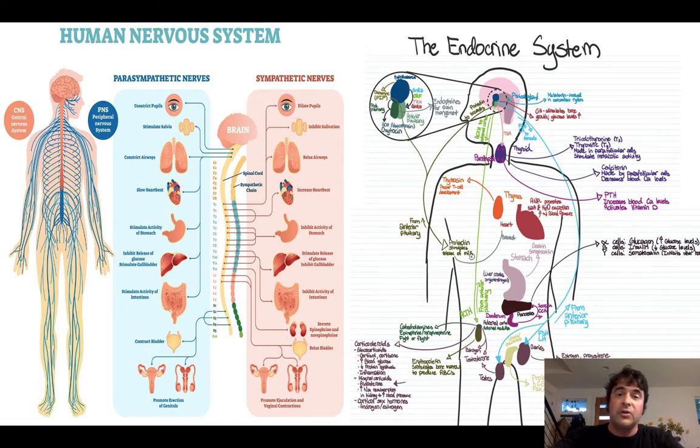So the nervous system and endocrine system can detect changes. They can process that information, and they can initiate responses. Initiating responses is really telling other organ systems and other organs what to do. So what's unique about the nervous and the endocrine system is they have the ability to tell other organ systems and other organs what to do.